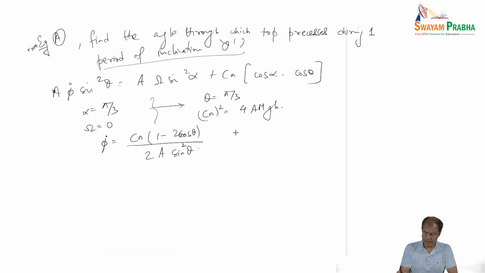So for equal roots we have this form, and now if we integrate this, phi is the integral from 0 to tau of phi dot dt.